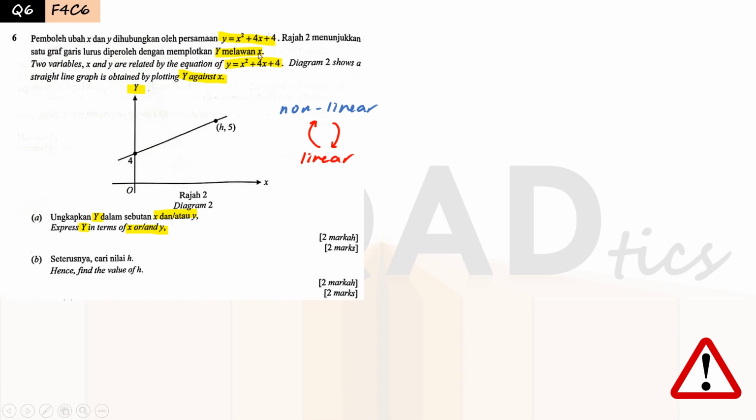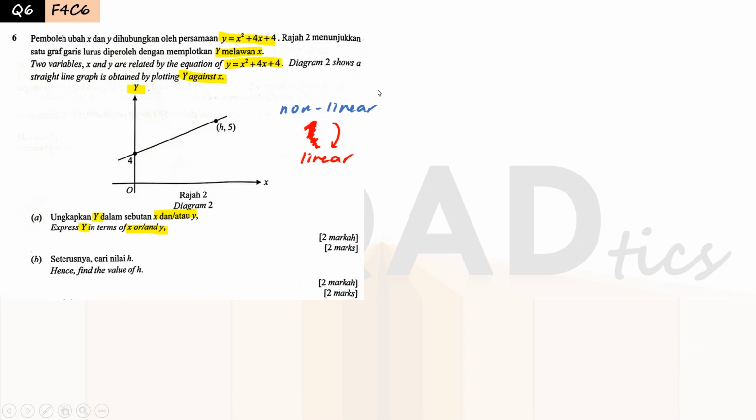But I would say non-linear to linear makes much more sense, because if we go from this line to find the equation here, it doesn't make sense because we don't know the equation here, right? So here we can just cancel off this part and let's focus on changing this equation to find this line equation.